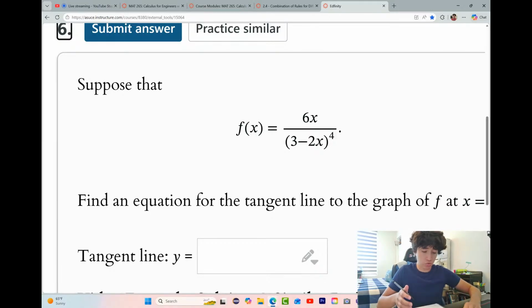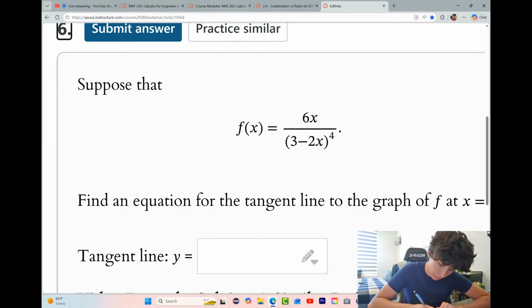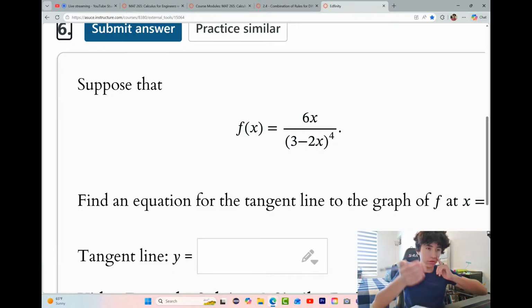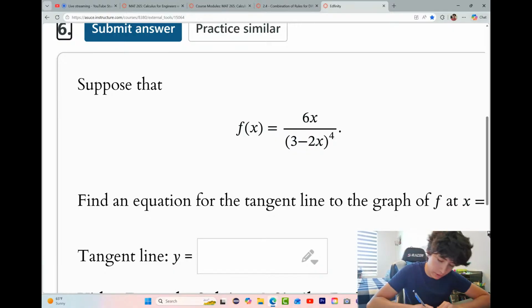Perfect. And then we must do the quotient rule for the entire function. So f prime of x equals the derivative of the numerator, which is 6, times (3 minus 2x) to the power of 4, minus 6x times the derivative of the denominator, so negative 8 times (3 minus 2x) to the power of 3.